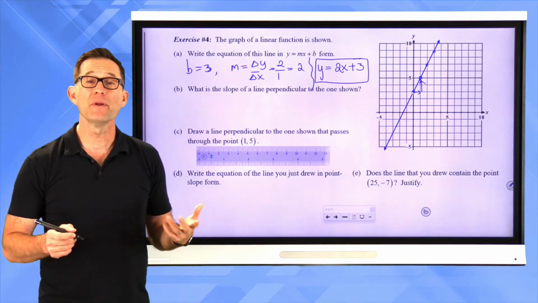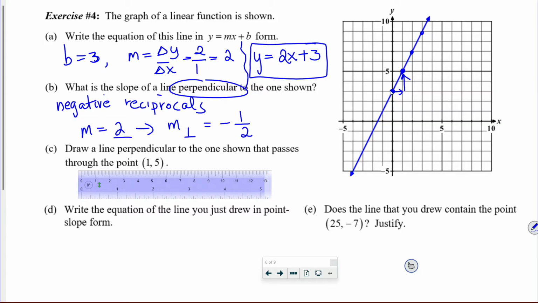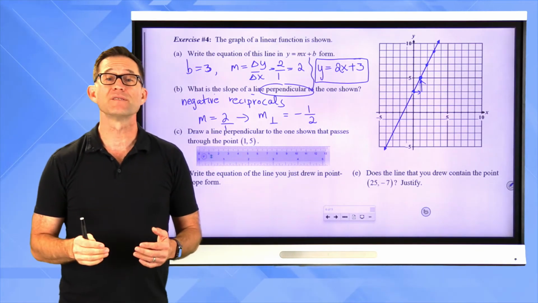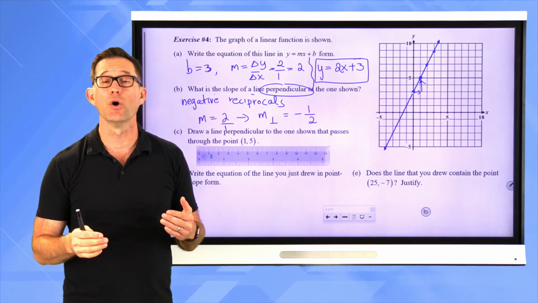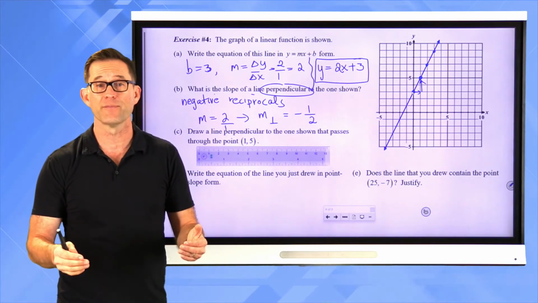All right, well, perpendicular lines have slopes that are known as negative reciprocals. So if a slope is equal to 2, then the perpendicular slope is -1/2. And this is where it would be helpful to think about the slope as 2 over 1, because then the perpendicular line has a slope of -1 over 2, or -1/2.